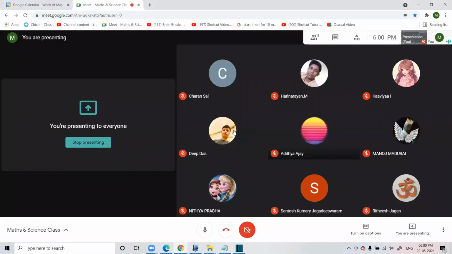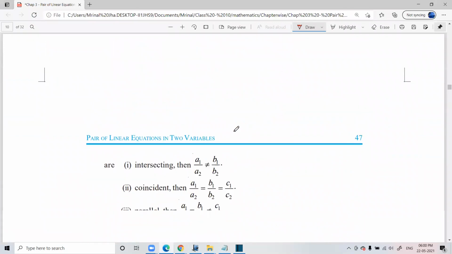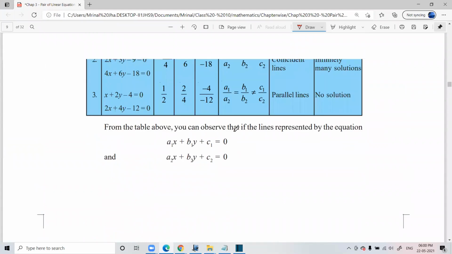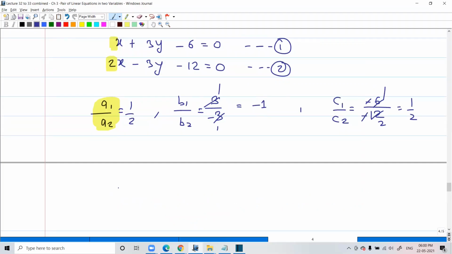Now let's go to the table and try to figure out which category it falls under. So for exactly one solution, the condition is that a1 by a2 should not be equal to b1 by b2. So is that the case over here? See, what is a1 by a2? It is 1 by 2. And what is b1 by b2? It is minus 1.